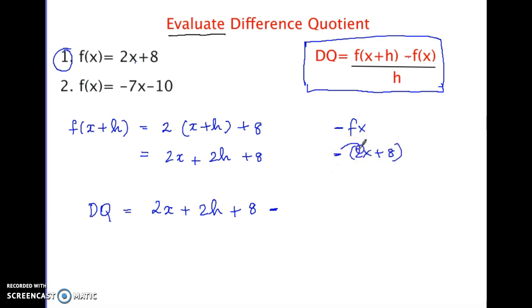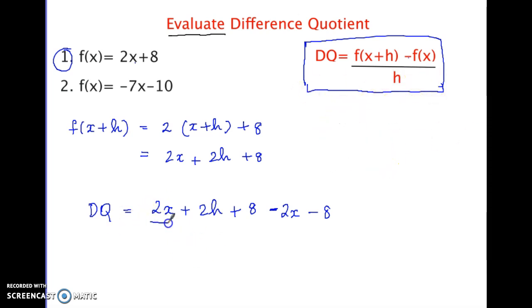That means this negative applies to both terms. Whenever we do minus f of x, all we have to do is write f of x with the inverse signs. Since that's a positive 2x, I can write it as a negative 2x, and positive 8 will become negative 8.